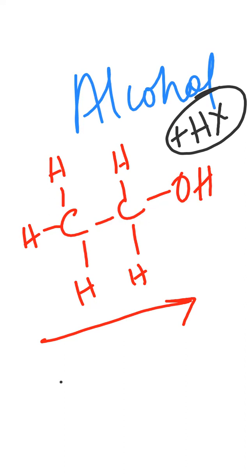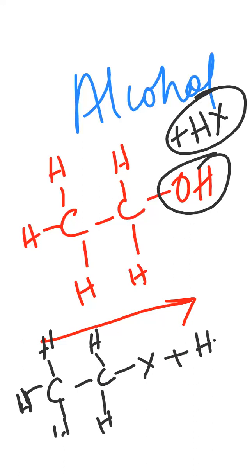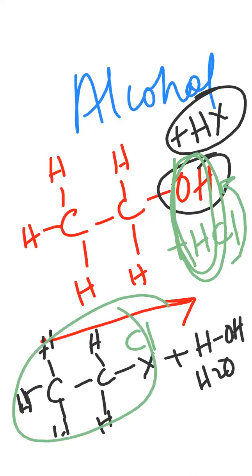You will get this thing: there will be hydrogens, there will be X, and this OH will be attached with hydrogen, and this will give you water. What is X? Any halide. You can use chlorine, so it means we are using this alcohol with HCl. So H will react with the OH, it will give you water, and chlorine will be here with the carbon chain. You will get a haloalkane.